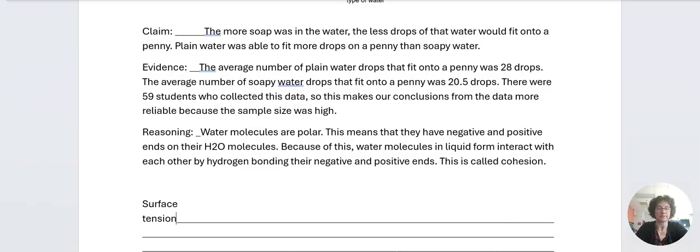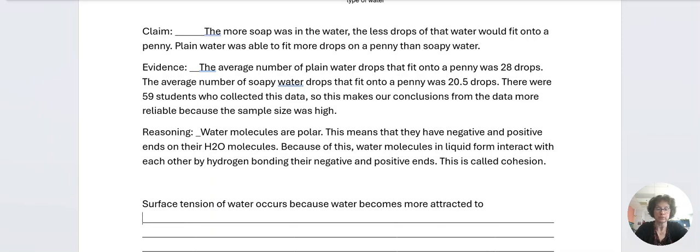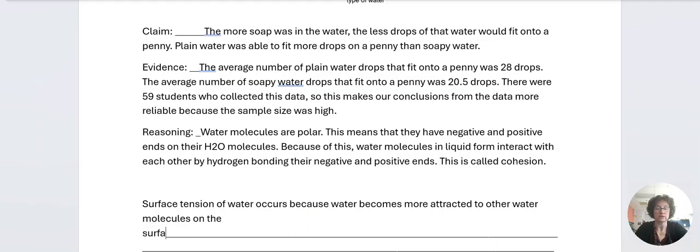Surface tension of water occurs because water becomes more attracted to other water molecules on the surface than to the air above the liquid.